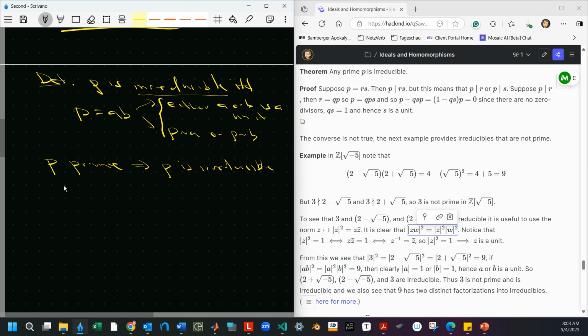So why is that? So suppose P equals RS. We're assuming P is prime, right? I want to show P is irreducible. So suppose P equals R times S. I need to show that either R or S is a unit, or that P is an associate of R, or P is an associate of S. One of those two things. In particular, we have here that P divides R or P divides S.